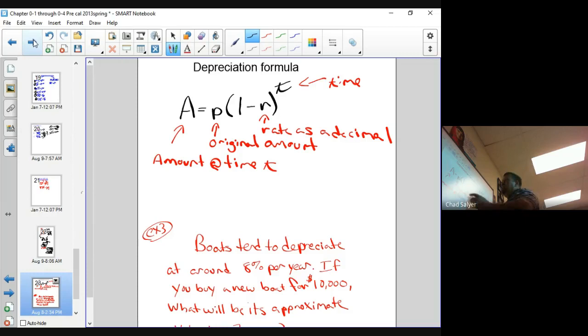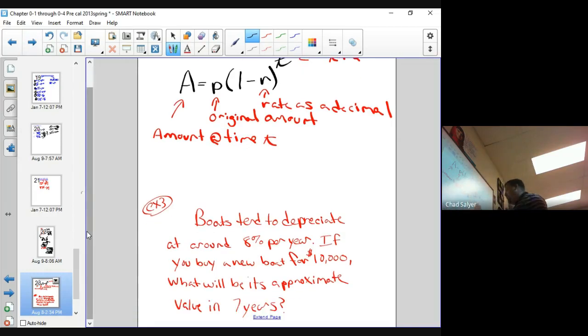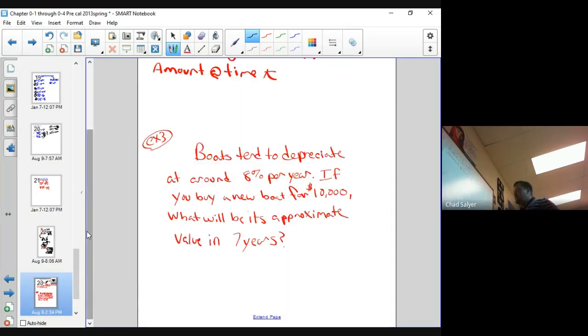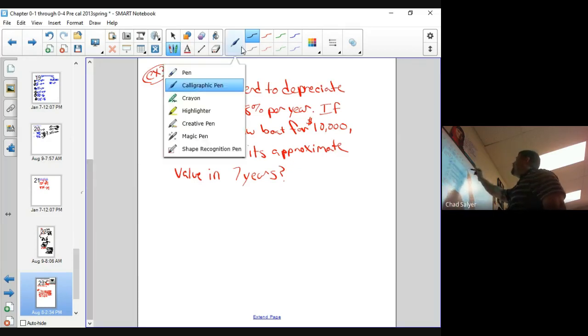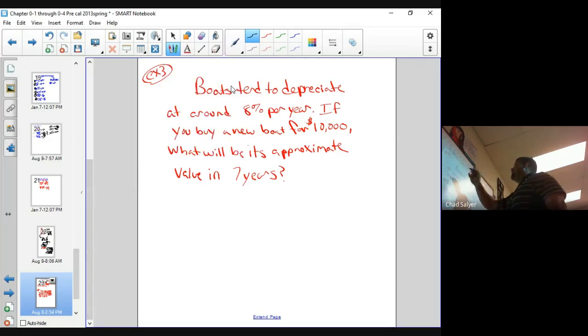So boats are one of the things that people buy that has the highest percentage of buyer regret. In other words, people wish they hadn't bought it because it depreciates so quickly. The values decrease. So it depreciates at around 8% per year. If you buy a new boat for $10,000, what will be its approximate value in 7 years?